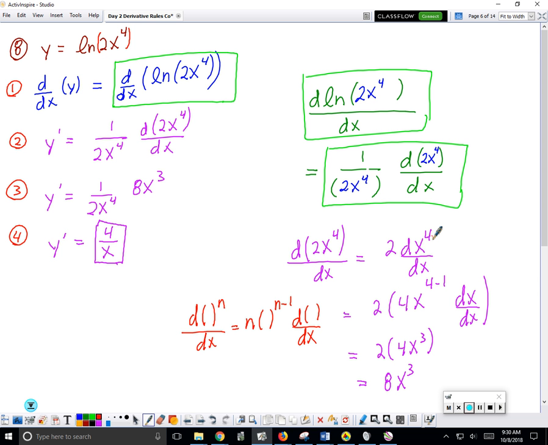I want to use the power rule, so I've got to make sure that this green box matches perfectly with this green box. So to make that a perfect match, Hayden, what do I need to put inside the parentheses? Oh, not the 2, that's a mistake. Hold on a second. So the green box I'm referring to is right here. So just x to the fourth. The parentheses is actually just x.